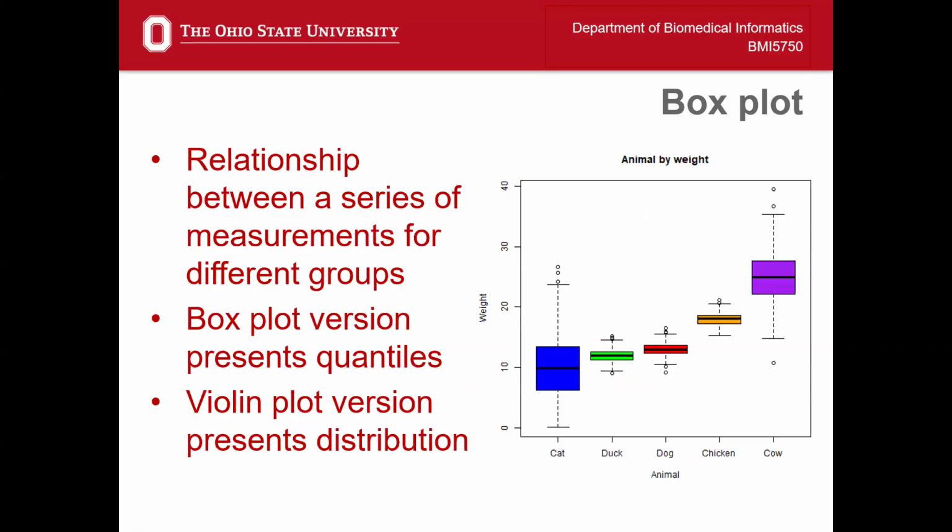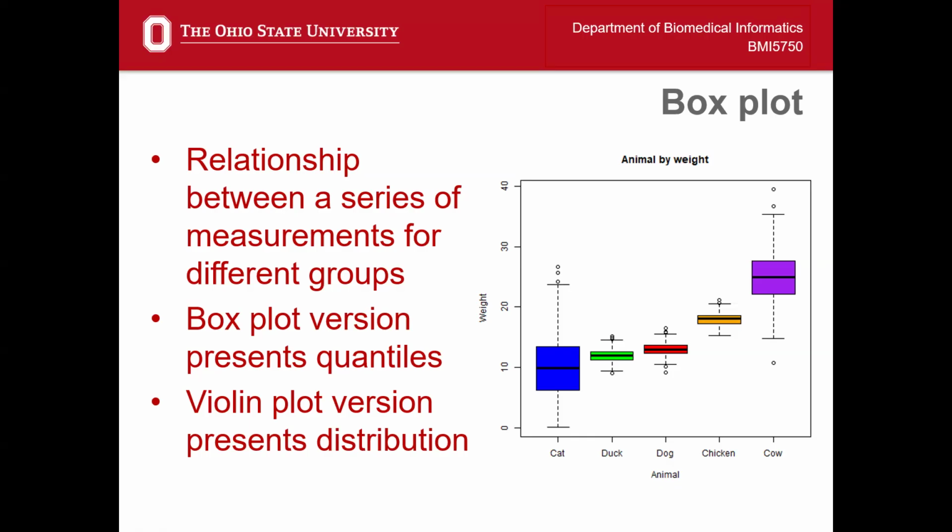Okay, now this is our next type of plot. This is a box plot. It's very similar to a bar plot because it's showing a relationship between our measurements here on the y-axis and groups on the x-axis. Now, it is possible, if it makes sense for your data, to flip it the other way.